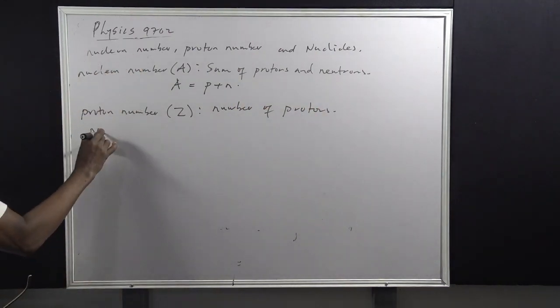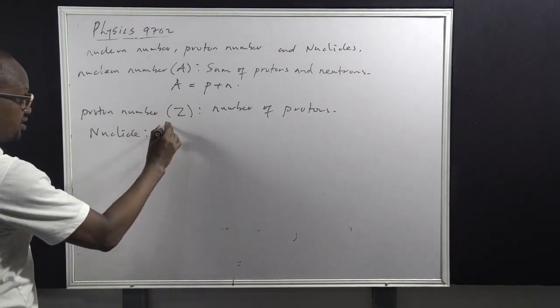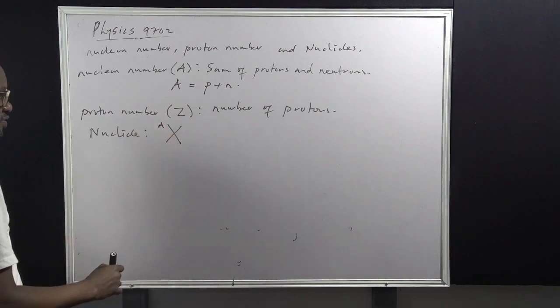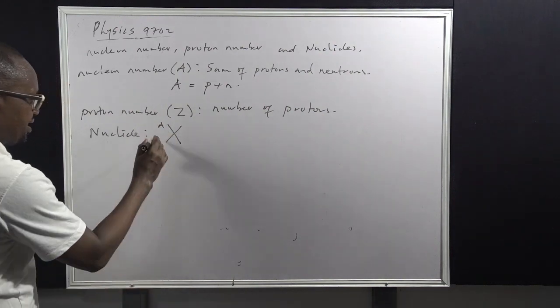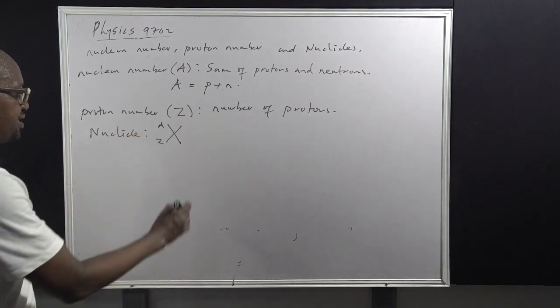Then what is a nuclide? A nuclide is represented with X, nucleon number on the top left hand side, proton number on the bottom left hand side.